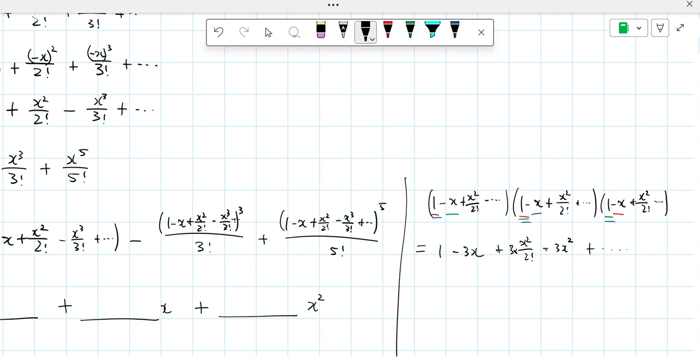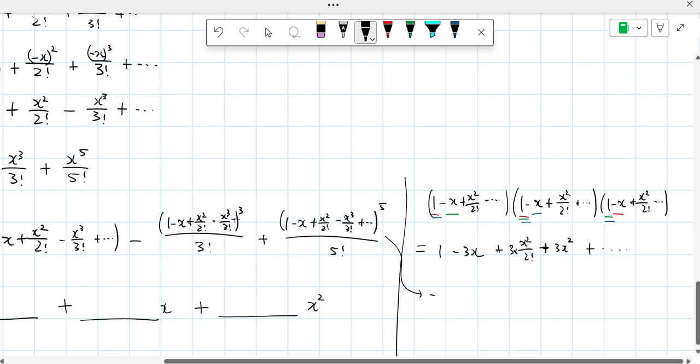Plus 3x squared. It's actually plus 3x squared, yeah. Because it's negative x times negative x times plus. I think there is actually a pattern here then. And do you think we can quickly find this? Wouldn't there be? I think so. This one will be 1 minus 5x plus 5x squared over 2 factorial plus 5x squared. Wouldn't that be?